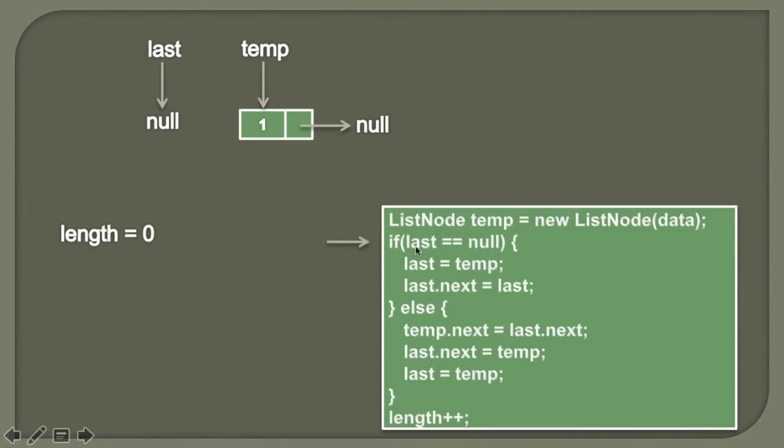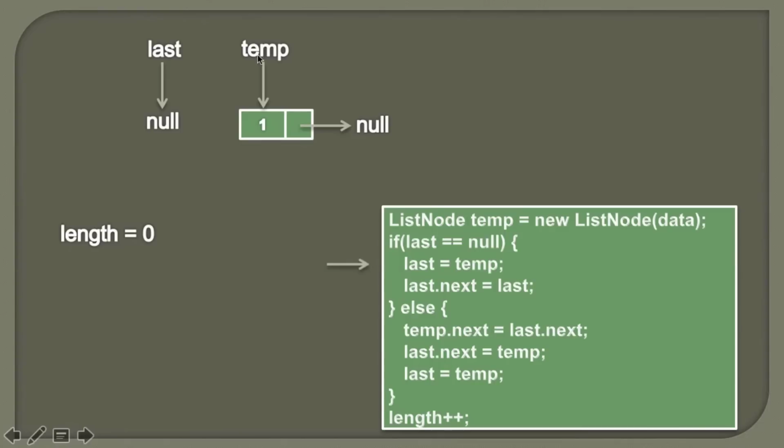The first step we check is whether last is equal to null or not. If last is equal to null, then we know that the circular singly linked list is empty. Therefore the condition in the if block comes out to be true. So the first step we do is we simply assign the value of temp to last. As the circular singly linked list is empty, there are no nodes.